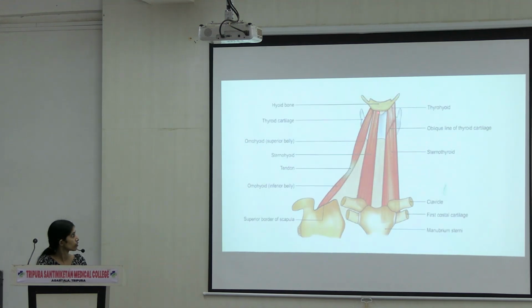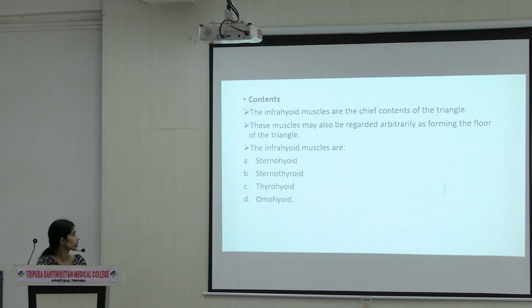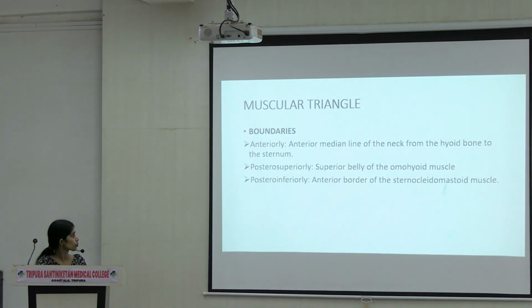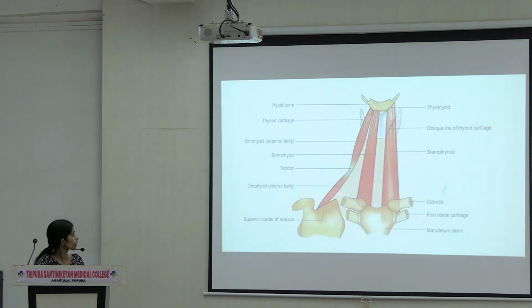So here we have the hyoid bone and here is the sternum. From here to here, this is the anterior border. Next, posterior-superiorly, it is bounded by the superior belly of the omohyoid muscle. Here you can see the superior belly of the omohyoid muscle, and this is the inferior belly of the omohyoid muscle. So this is the muscular triangle.